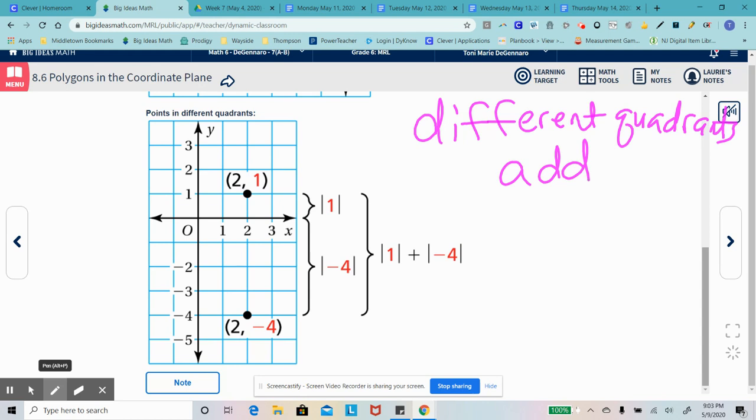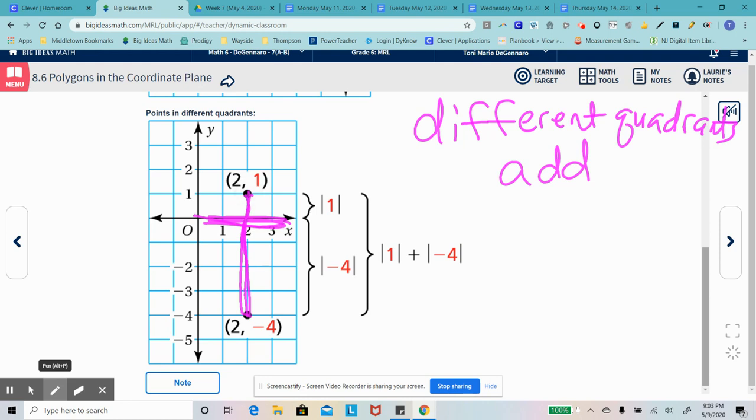The reason why is because if you subtract, you're counting 1, 2, 3, 4, 5, and the distance is 5 away from each other. But if you subtract the absolute values, you're not going to get 5, because you're going across an axis. So you actually are counting from this coordinate to the axis and this coordinate to the axis.